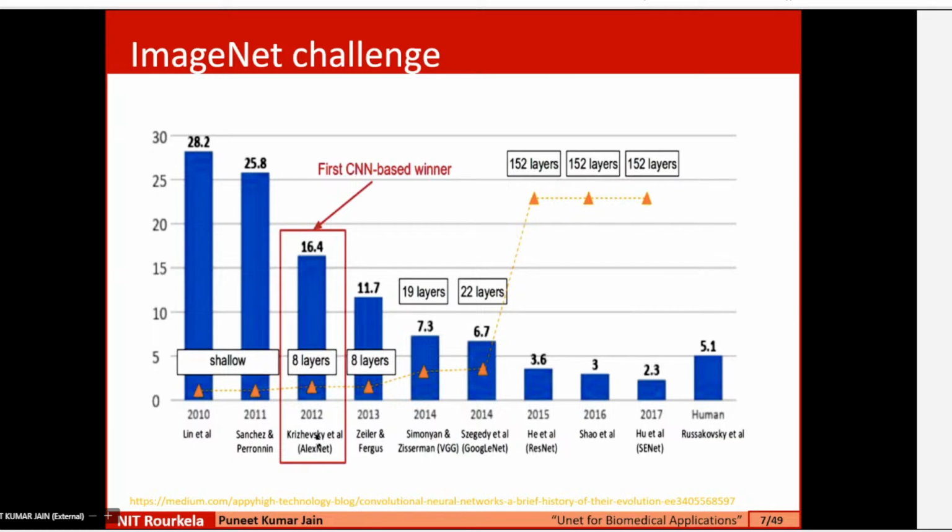In 2012, the first CNN based model was the winner, right? And if you are able to observe, these numbers are the error rate, right? So if there are 100 images, this model was giving correct output for approximately 83.6 images, right? Now, after that, all these winners are based on deep learning models only. So after the 2012 success, everyone was focusing on deep learning models, right?